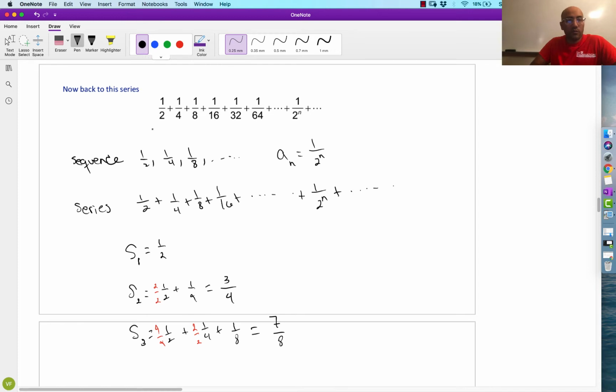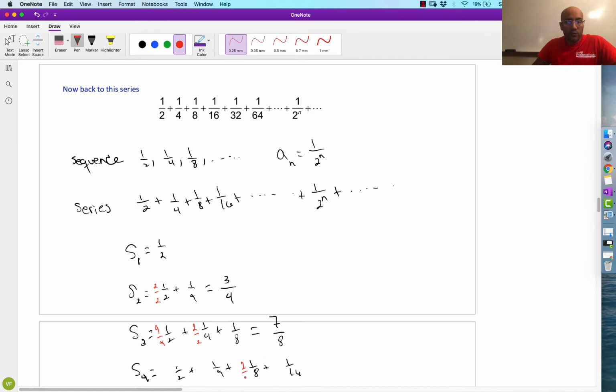Maybe let's do one more. So s sub 4 is going to be equal to 1/2 plus 1/4 plus 1/8 plus 1/16. Common denominator in this case is going to be 16.